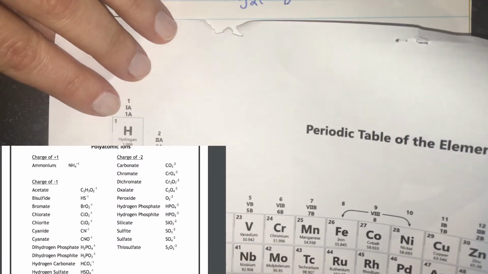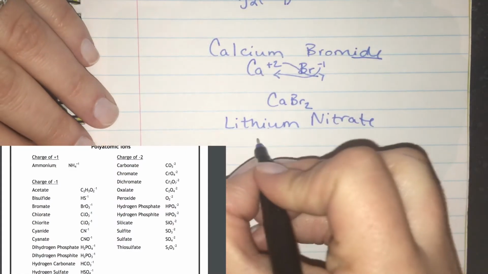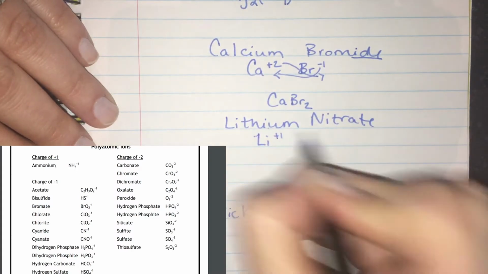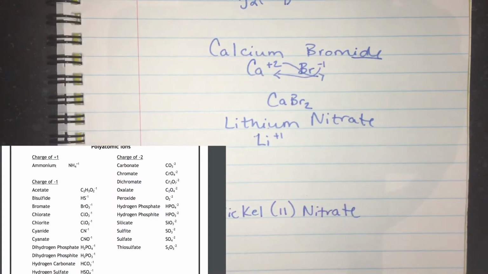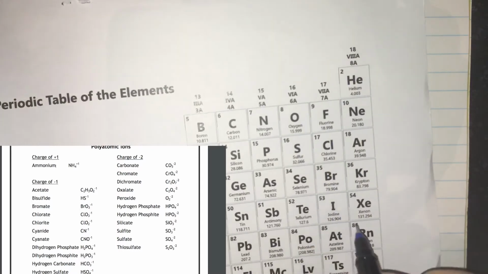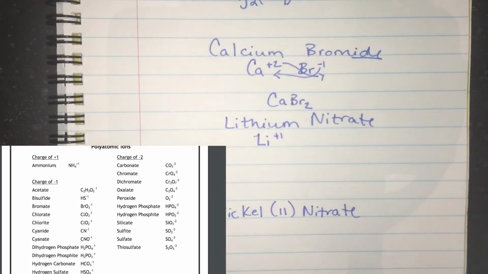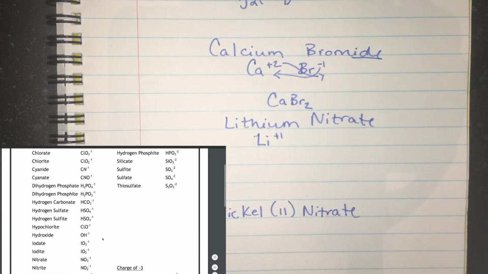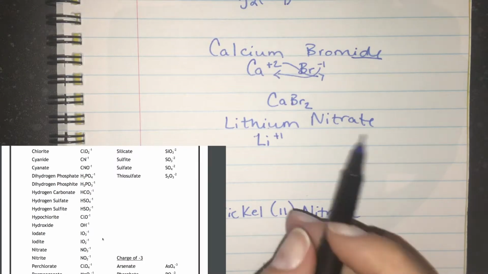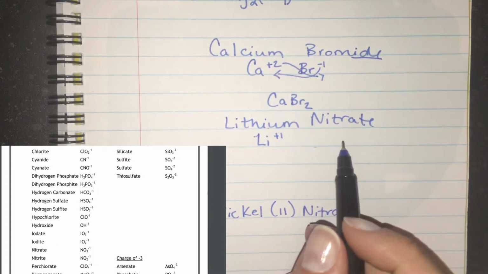So lithium, here in that first group all has a +1 charge. So lithium with a +1 charge. Nitrate, if it was on the periodic table, this would be nitride, IDE, so it's not. So now we look at the polyatomic ions sheet and we try to find nitrate. So nitrate is right here.